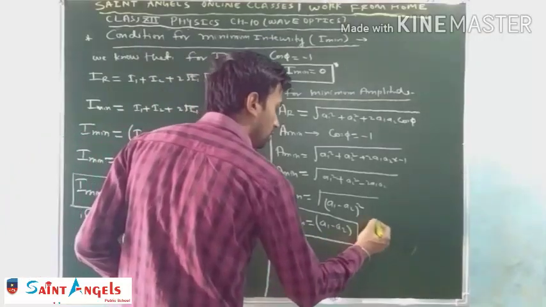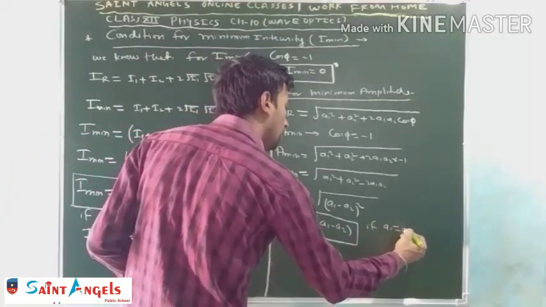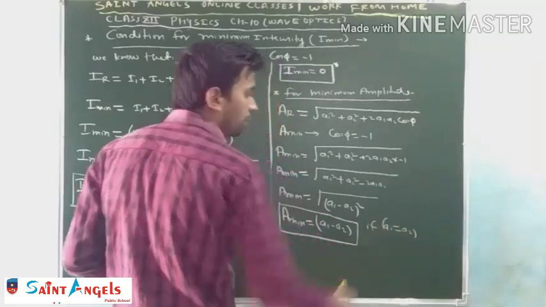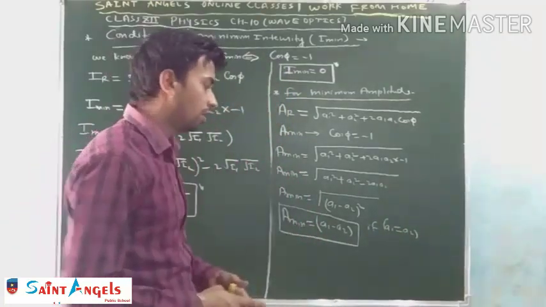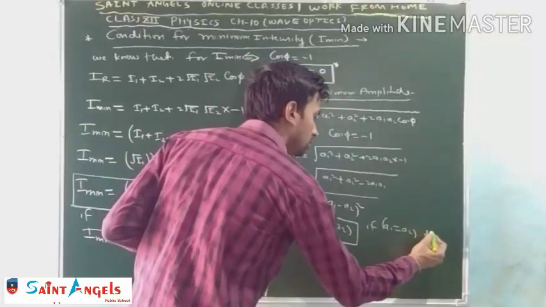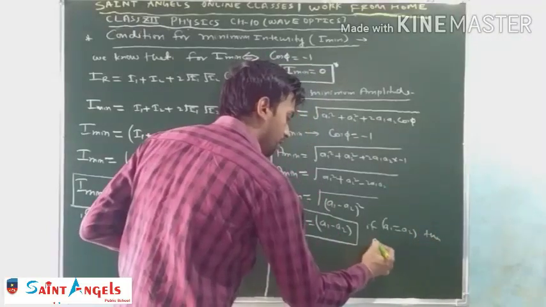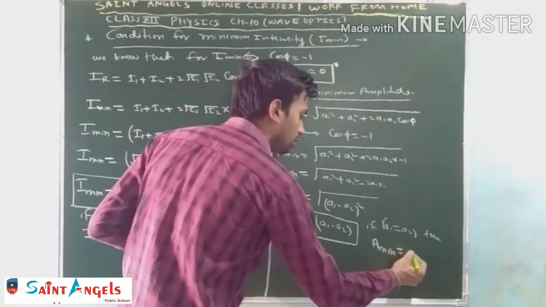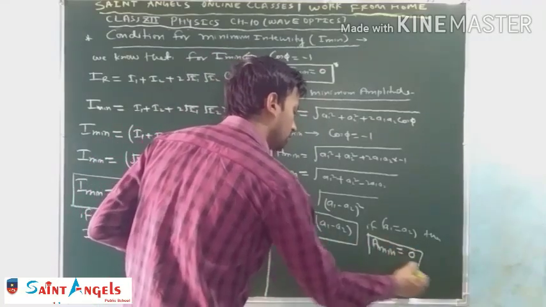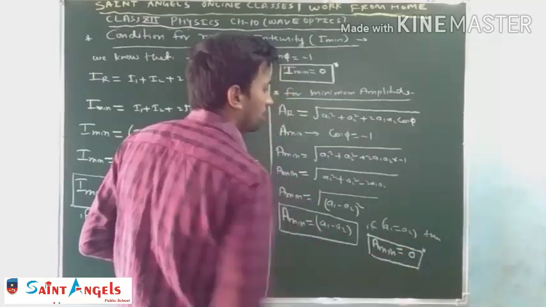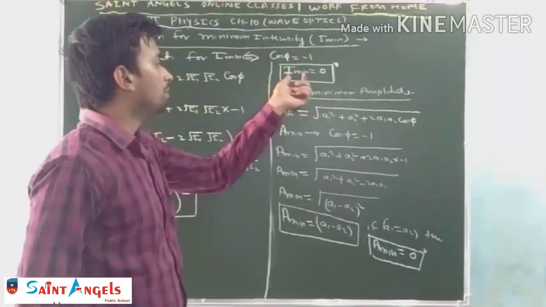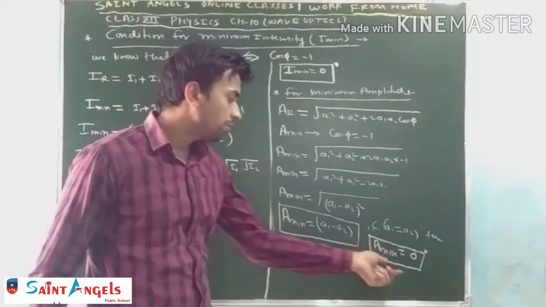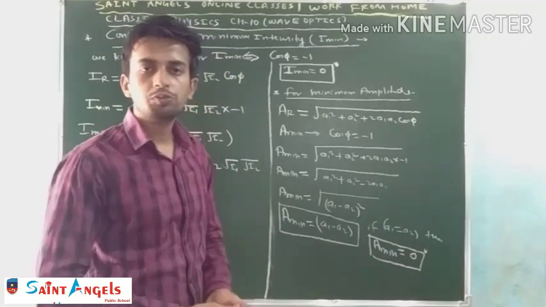If A1 equals A2, it means if the amplitudes of both waves are equal, then the minimum amplitude of the resulting wave is 0. Student, here minimum intensity is 0 and minimum amplitude of the superposed wave is 0.